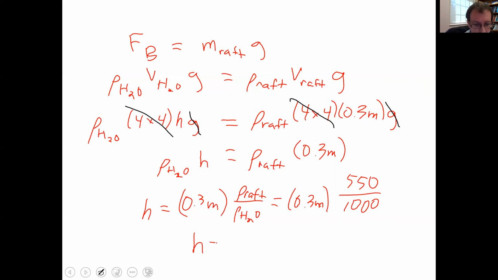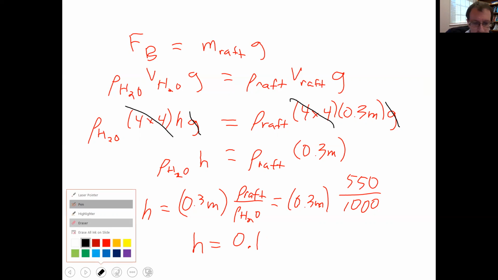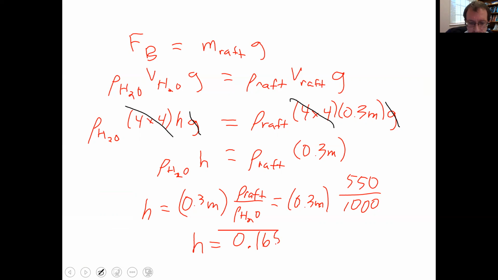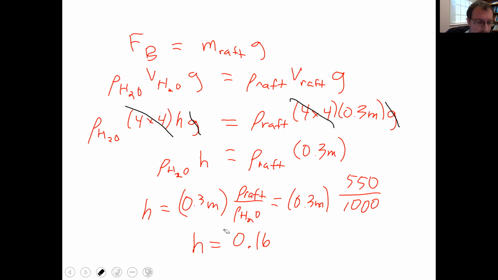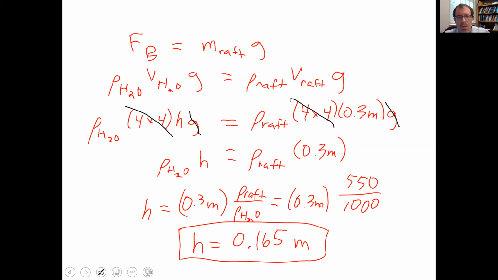And so as a result, the depth that this raft is submerged to is 0.165 meters.